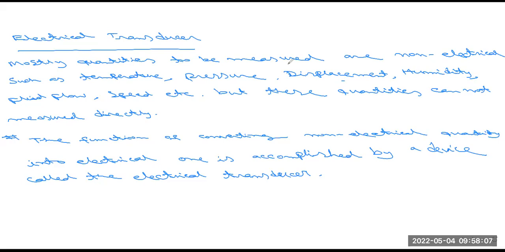Using these changes in resistance, capacitance, or inductance, you measure with the electrical transducer. When you go to our measurement lab, different types of sensors are available. You will see one by one how they work. Okay.